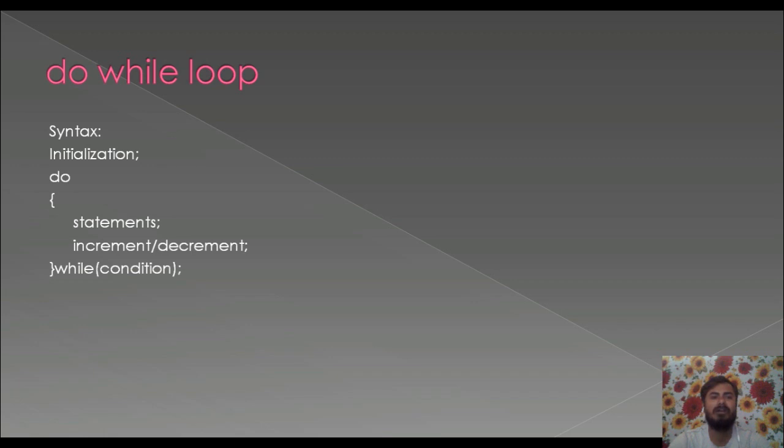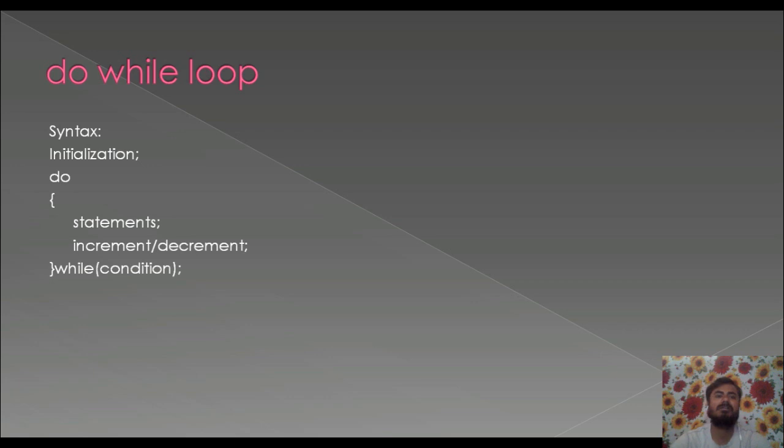It is also called a post condition control statement in C programming, because the condition is given at the end of the loop. So first the statement gets executed, then only the condition is evaluated.